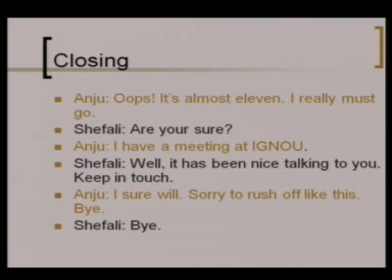So Anju says, oops, it's almost 11. She's already started giving me a hint that, okay, we can't talk anymore. And then she says, I really must go, because she's very polite. And I ask, are you sure? Now this in speaking is again another thing, because in speaking, often we say sentences which do not exactly mean the dictionary meaning.